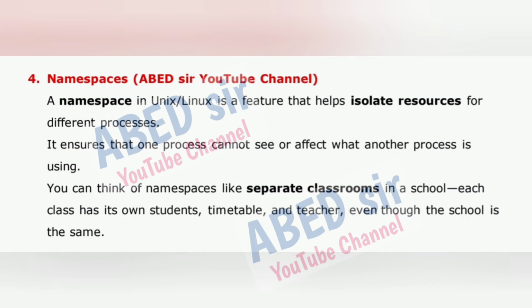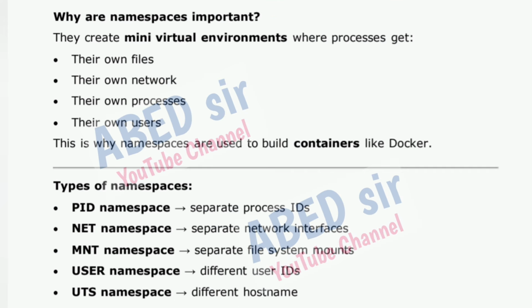Each class has its own students, timetable, and teacher, even though the school is the same. Why are namespaces important? They create many virtual environments where processes get their own files, their own network, their own processes, their own users. This is why namespaces are used to build containers like Docker.